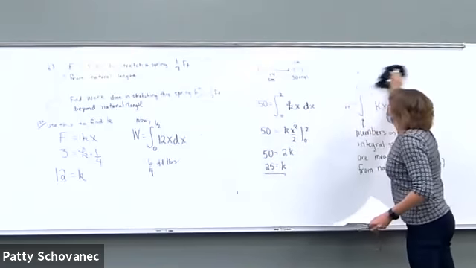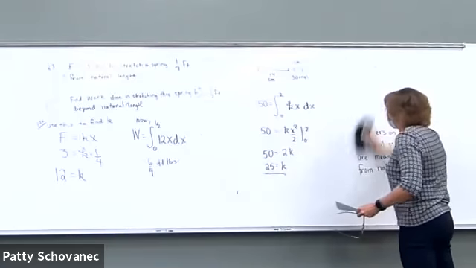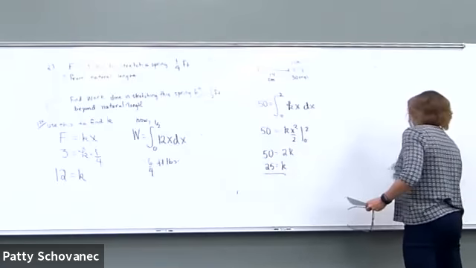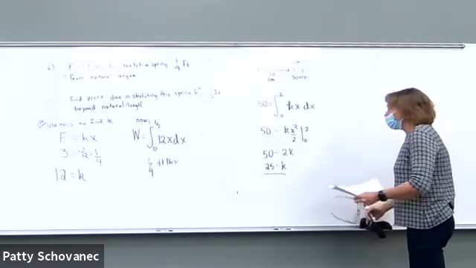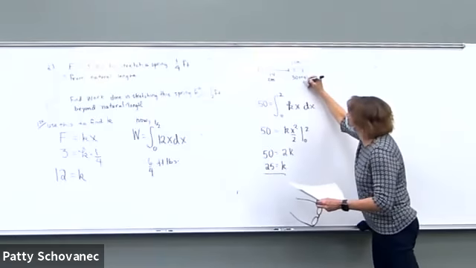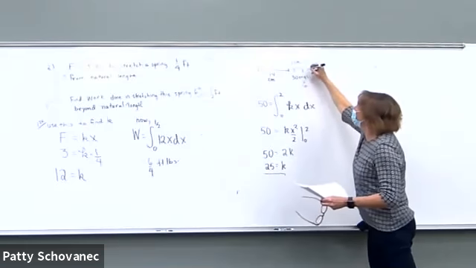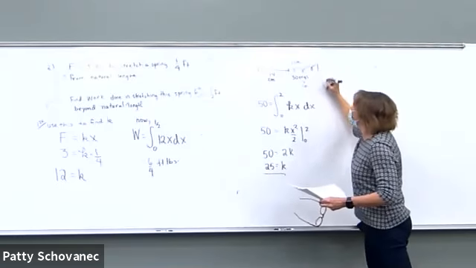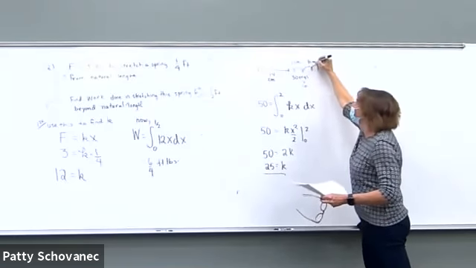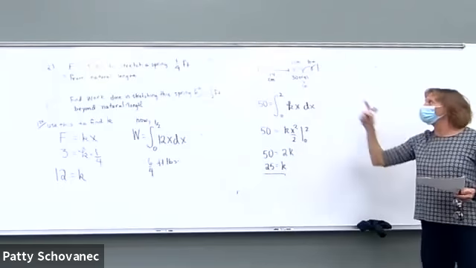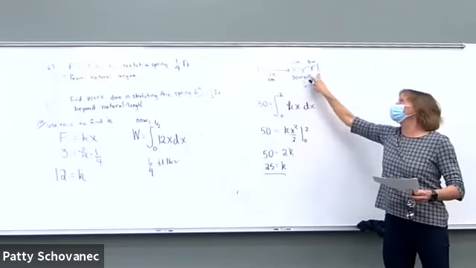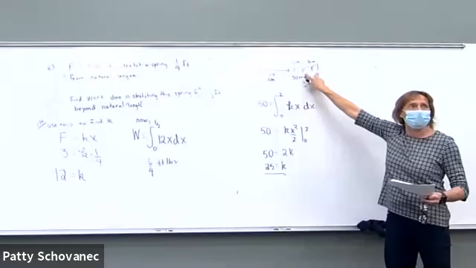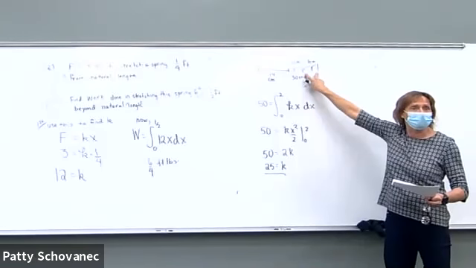So now when we set up the next work integral, we know what the k is. So now we're at 16 centimeters. And we want to know the amount of work done to take it 1 centimeter more. I don't want to worry about the work to get me to here. I just want this work done over this 1 centimeter length interval.